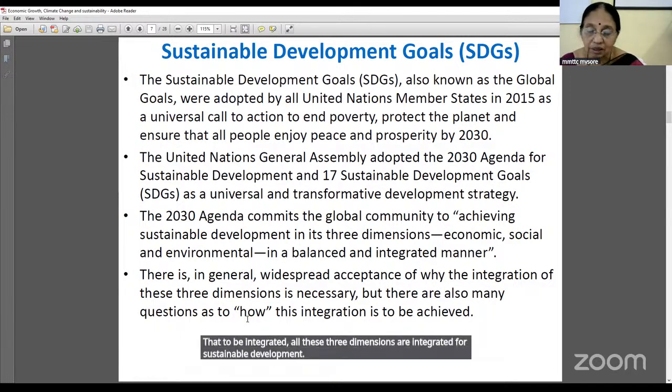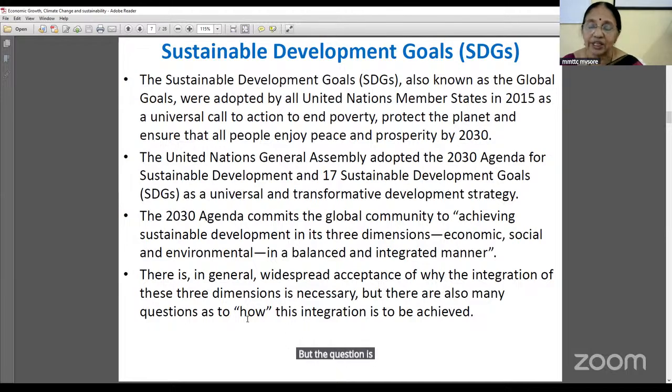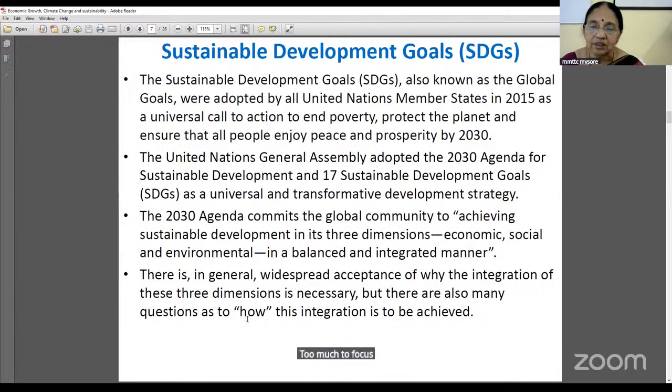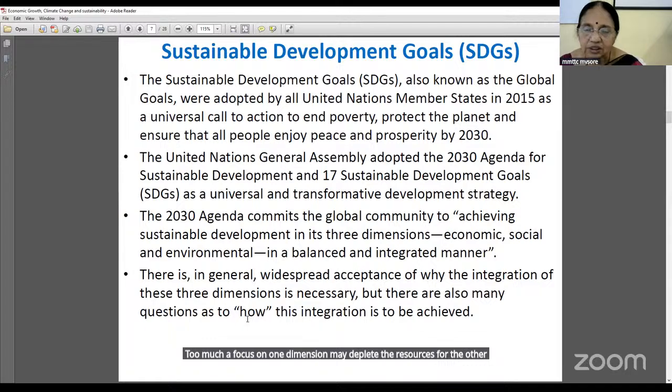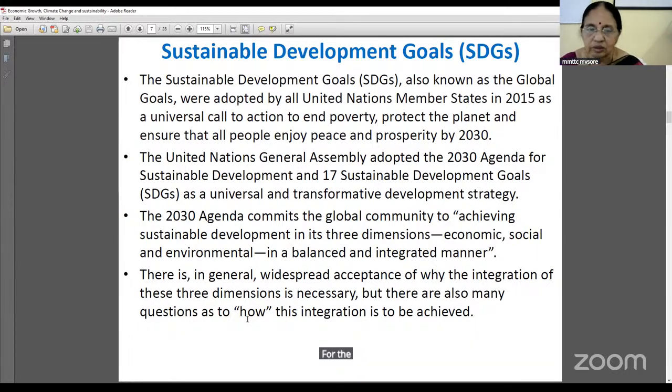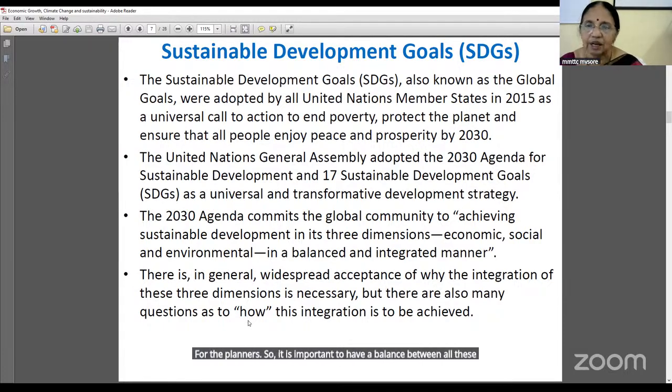But the question is how to make it happen, how this integration is to be achieved. As I told you, there are always trade-offs. Too much focus on one dimension may deplete the resources for the other dimension. So attaining a balance among all these three dimensions is the real task for the planners.